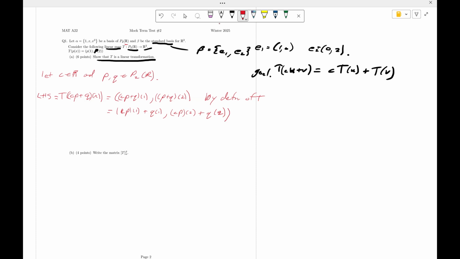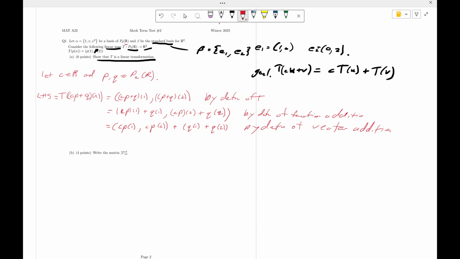Now here, it'd be nice to split my q's and my cp. So this gives me (cp(1), cp(2)) plus (q(1), q(2)). This was by definition of function addition, and this is by definition of vector addition.